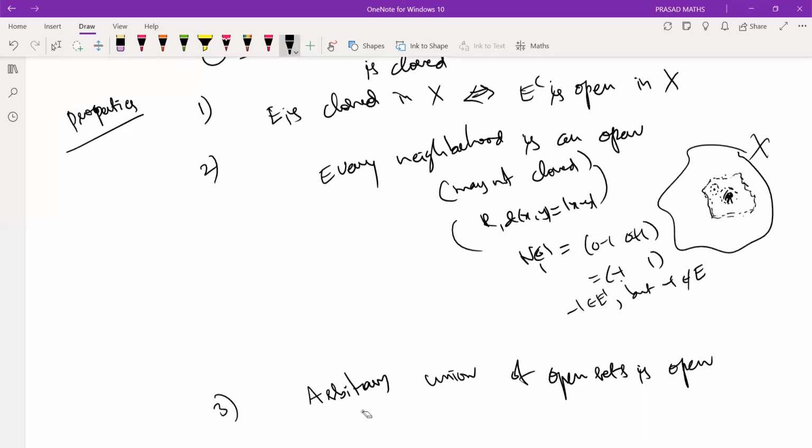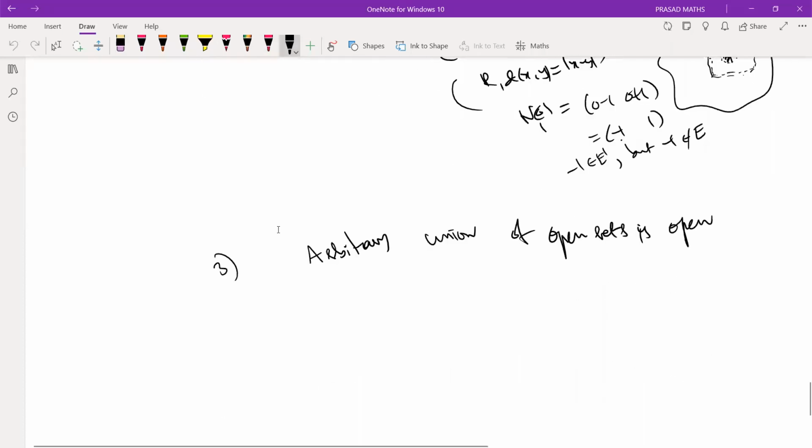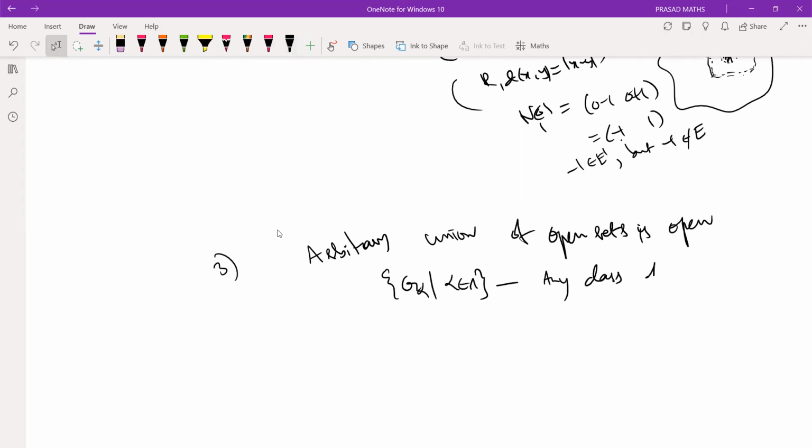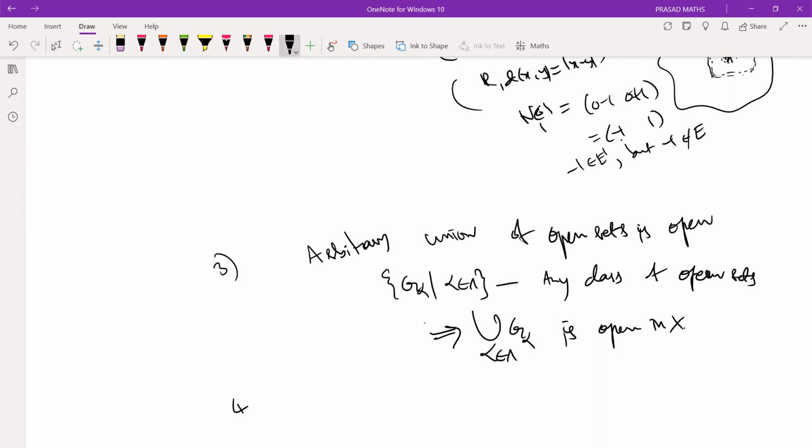It means you take any arbitrary collection, any class of open sets in a metric space. This union must be open. The same metric space X. Right, this is a property.